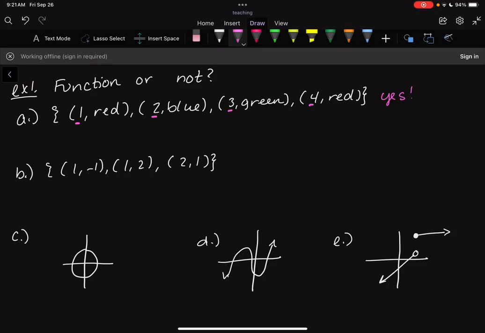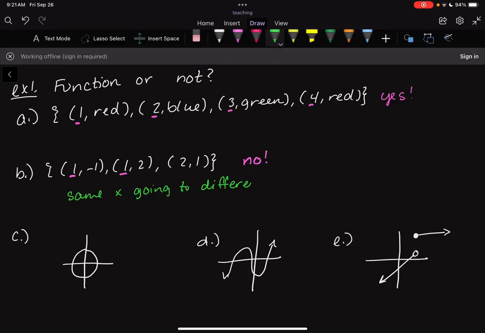Part B, I notice that I have a repeated x and it's going to two different y's, and that is not allowed. So we would say, no, this is not a function. It's just a relation. So we have the same x going to different y's.